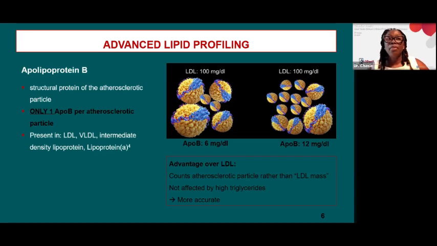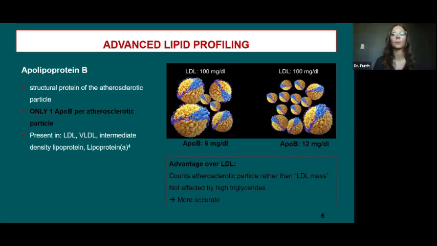Thank you. Yes, so LDL is what we commonly call your bad cholesterol, right? So your LDL levels basically tell you by mass, so by weight, how much LDL you have floating around in your artery. So both of these patients would measure at a mass of 100 milligrams per deciliter.